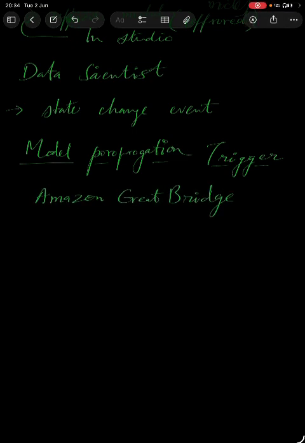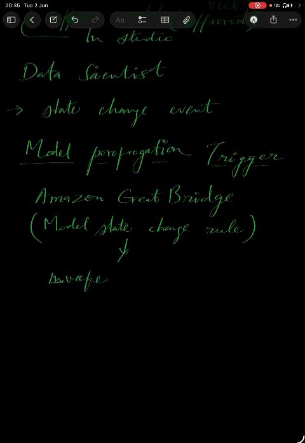So this Amazon EventBridge will see the state change rule. Okay, it will see this particular event, then it will invoke the propagation lambda.